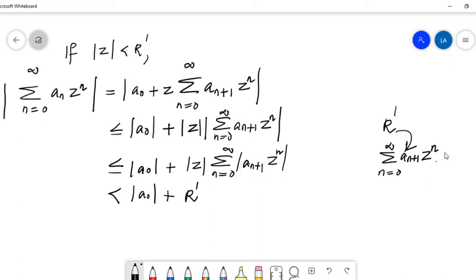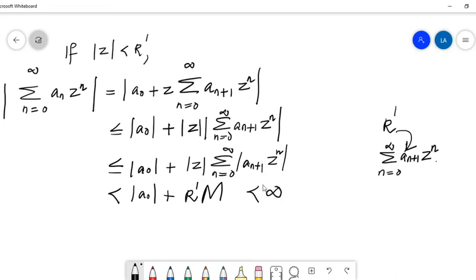So we can say that this modulus of summation n is equal to 1 to infinity will work as the same series summation n is equal to 0 to infinity a n plus 1 z raised to n. That means this series is also a convergent series, and it converges to some number capital M, say. So all these are finite quantities, so we can say that this is strictly less than infinity.